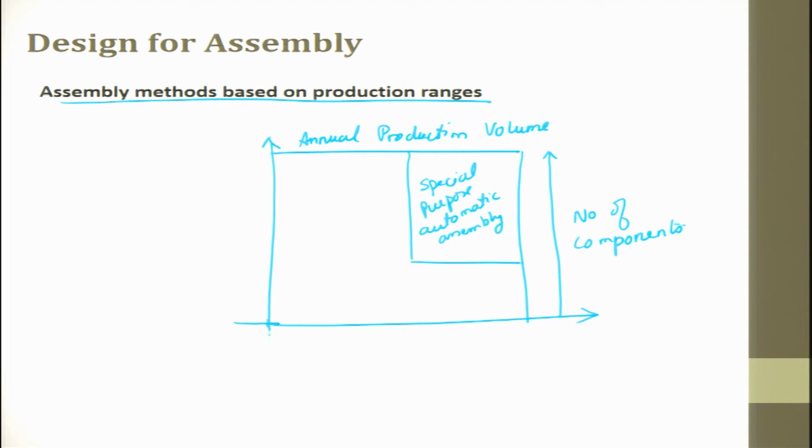This is going to be 1 and this is going to be 5, and here this is going to be for 100, this is going to be for 200, and somewhere here it is going to be for 500. So, this is going to be manual assembly.